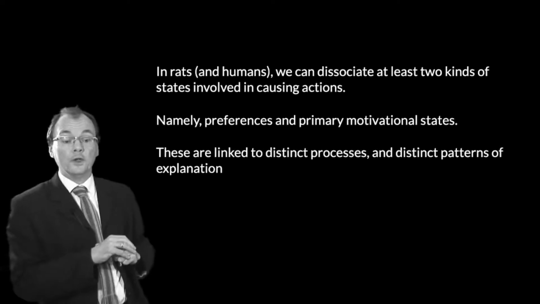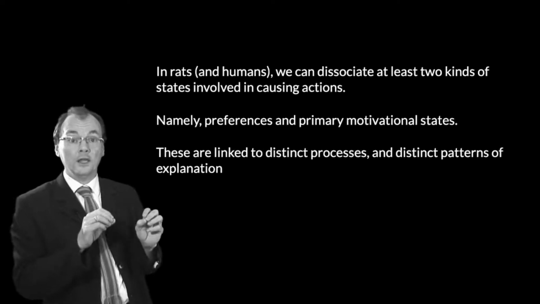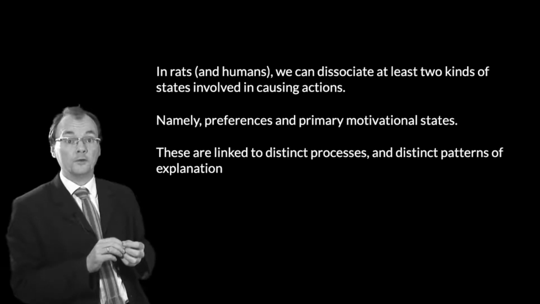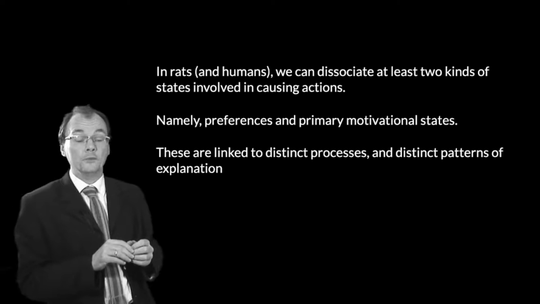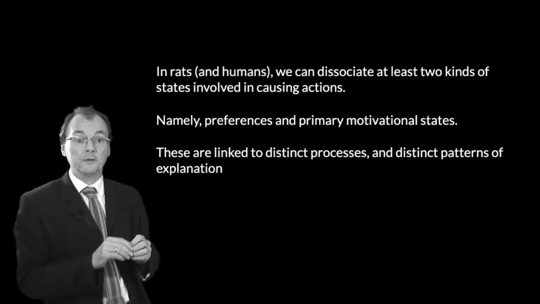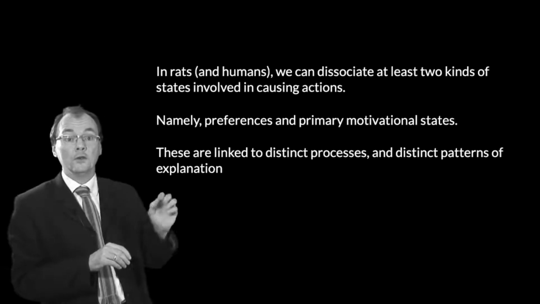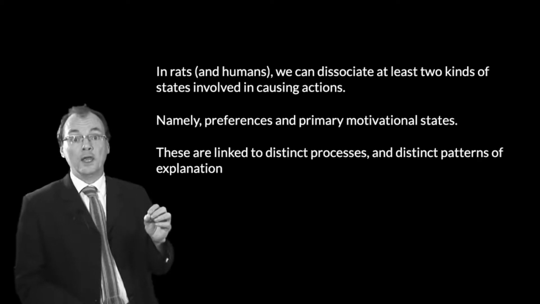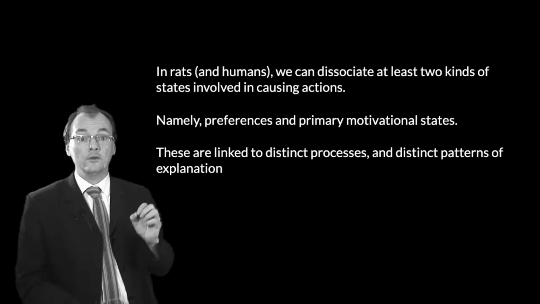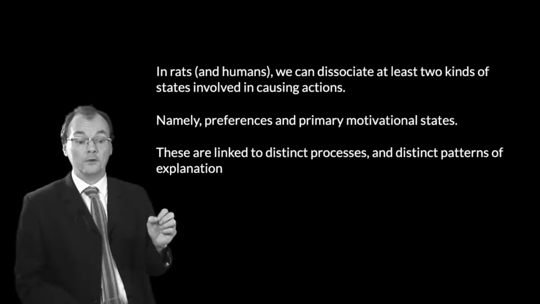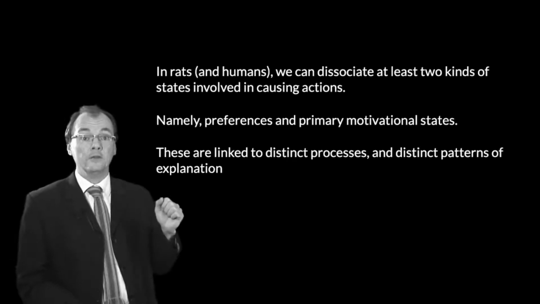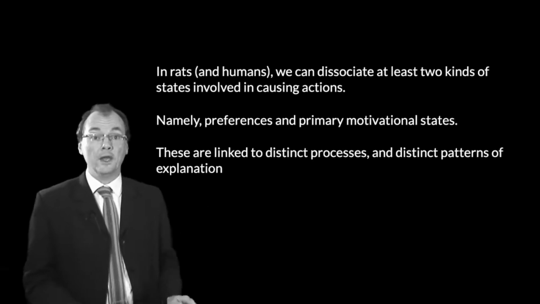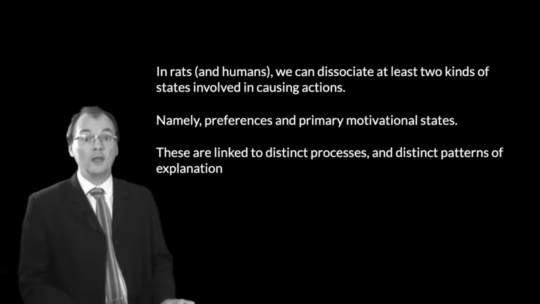Those two kinds of state are linked to distinct processes and to distinct patterns of explanation. We didn't spend time going into the details here, so let me just say very loosely that aversion is linked to a narrowly associative pattern of explanation, whereas desires are linked to a rationalizing or reason-giving pattern of explanation.